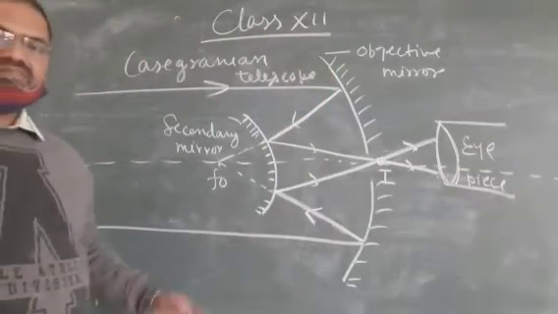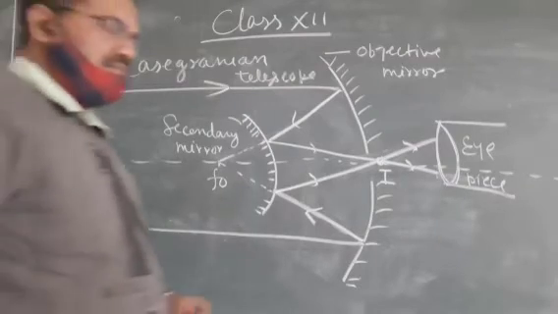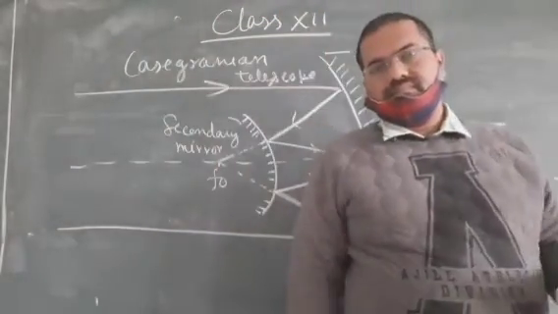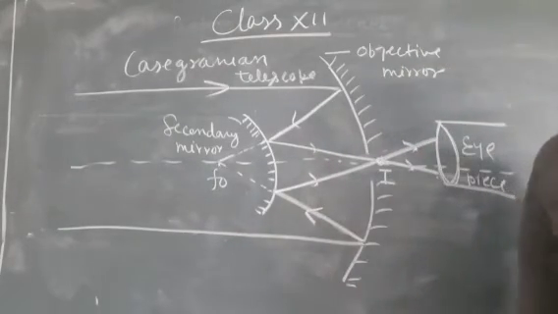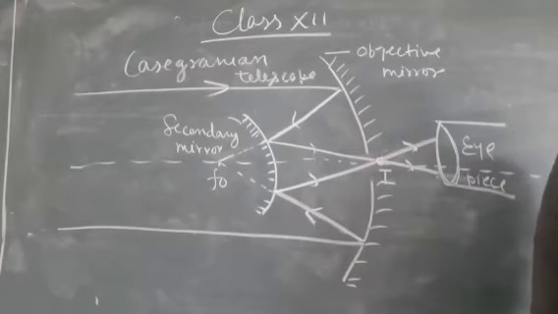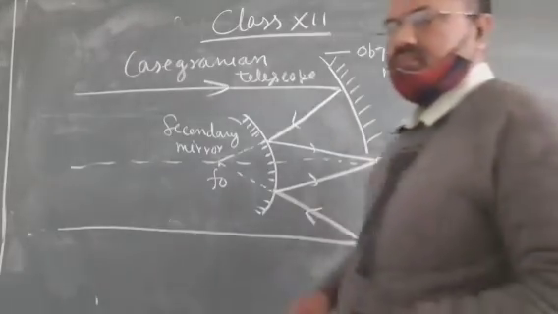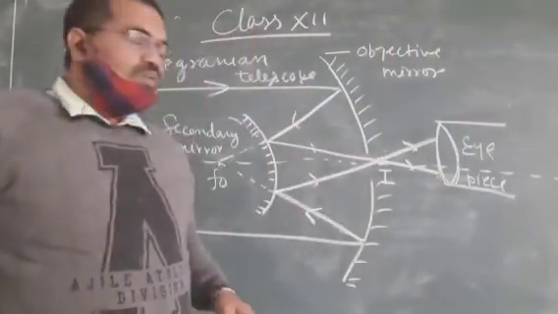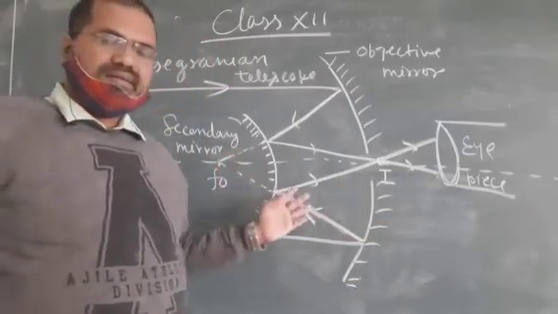Make the diagram first. You have no need of proving magnifying power for Cassegrain telescope.